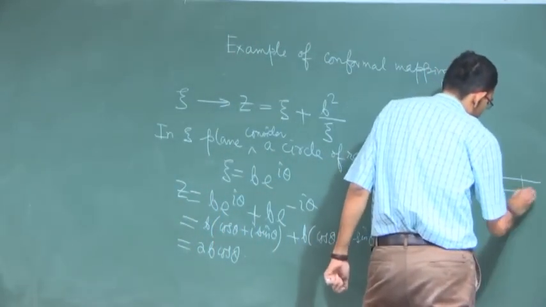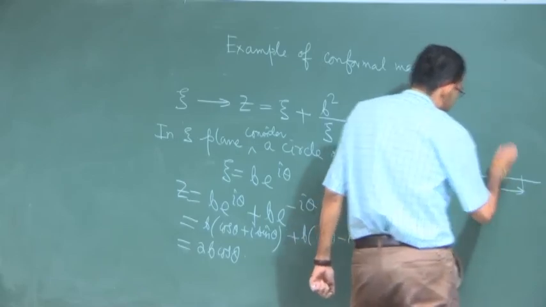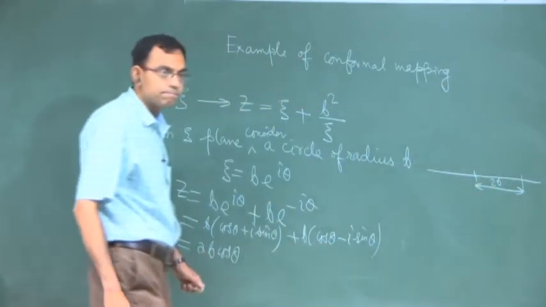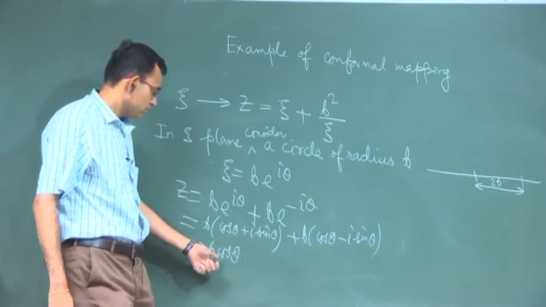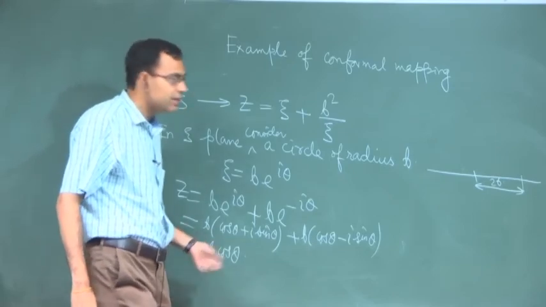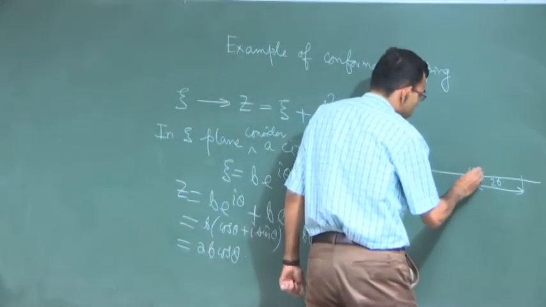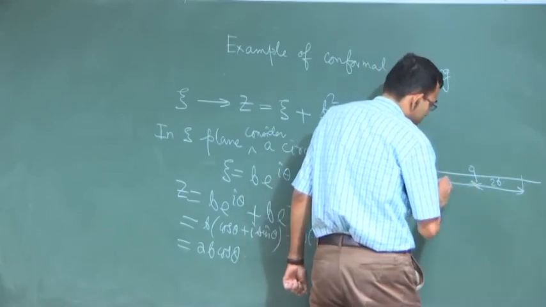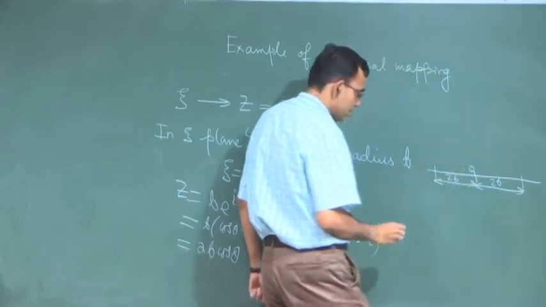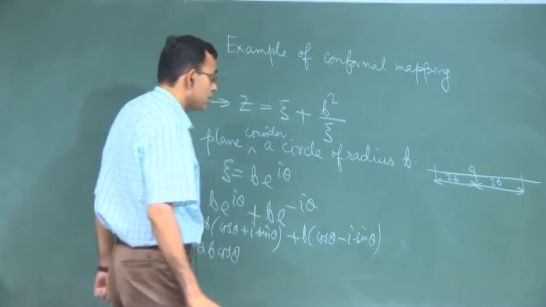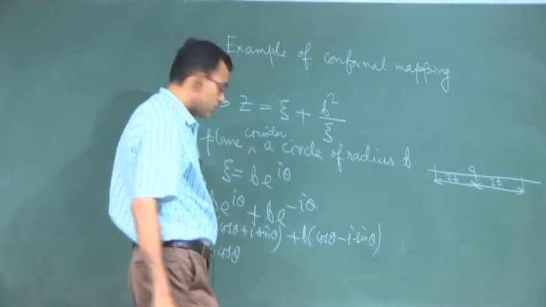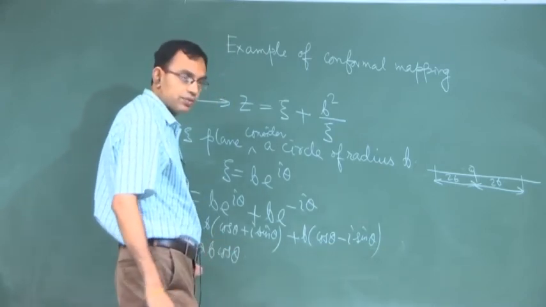So, this is 2b. When theta is pi, then it is minus 2b. So, if this is 0, this is minus 2b.